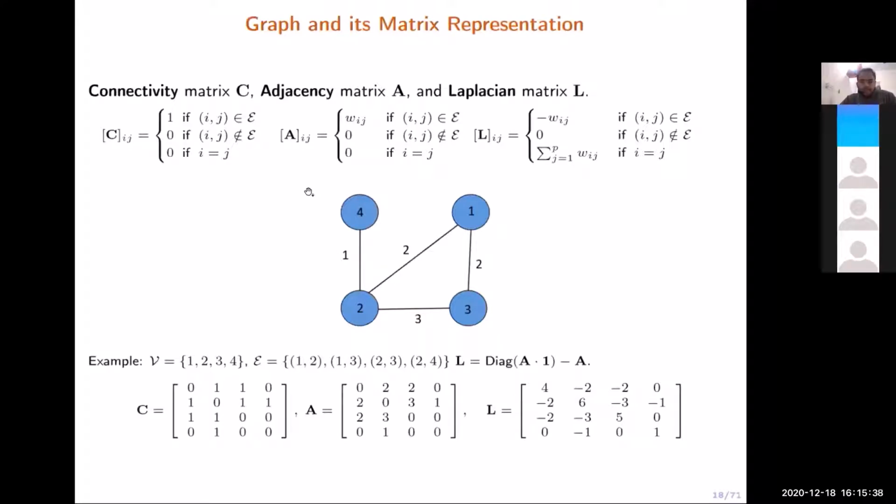Another matrix is called the adjacency matrix. It denotes the connectivity pattern along with the respective weight, so how strongly they are connected. The third matrix is the Laplacian matrix, which is a linear transformation of the adjacency matrix. They both represent the same graph, but they have different mathematical and spectral properties. The Laplacian matrix is a positive semi-definite matrix with all eigenvalues non-negative.